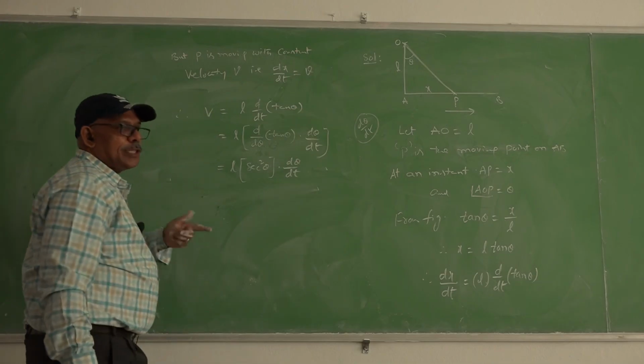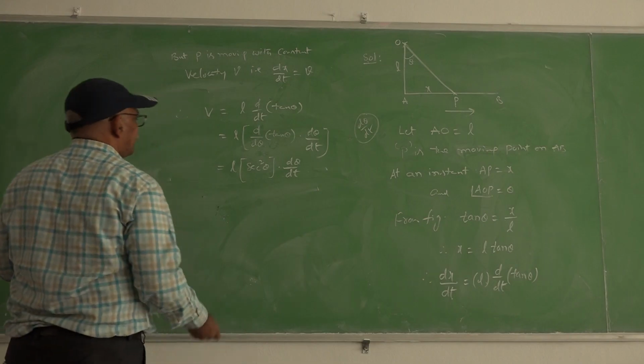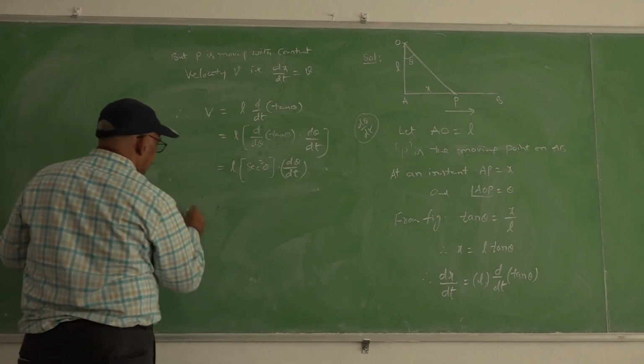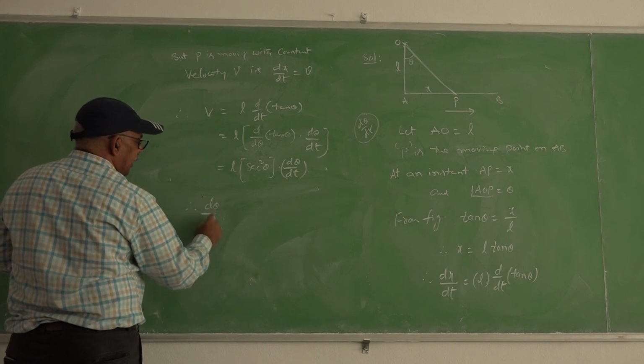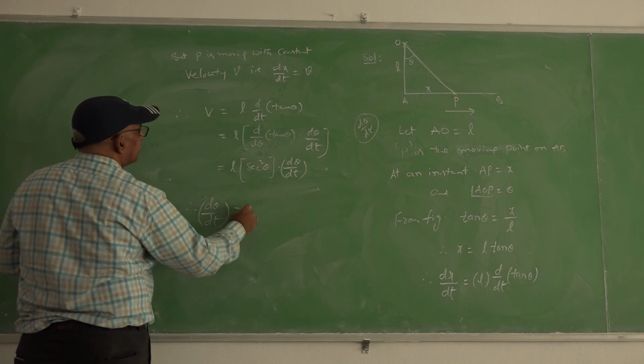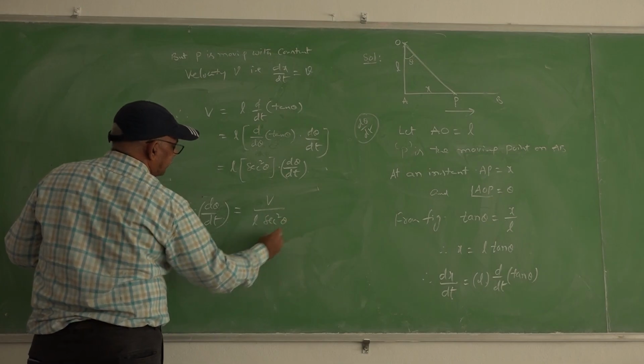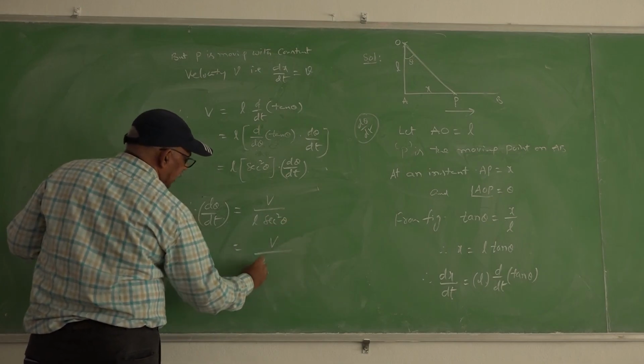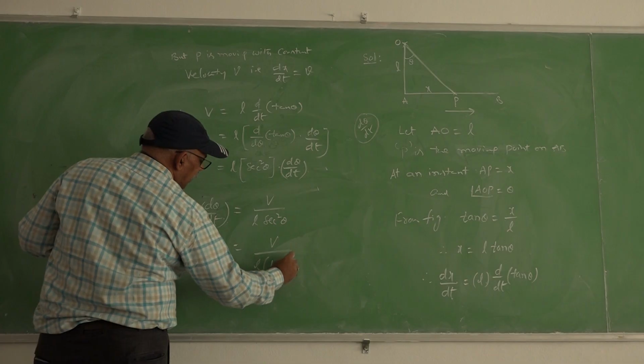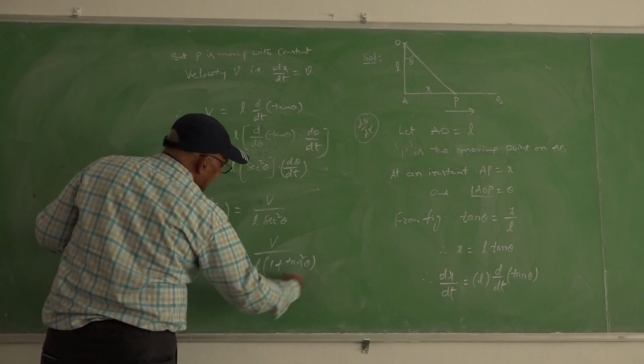Now we need d theta by dt, the angular velocity. Therefore, d theta by dt equals v by L secant square theta, that is v by L into 1 plus tan square theta.